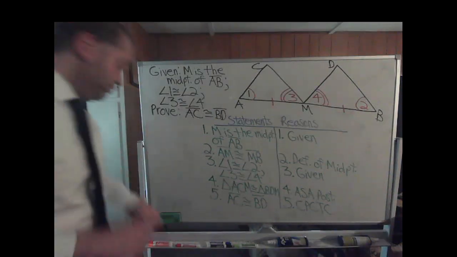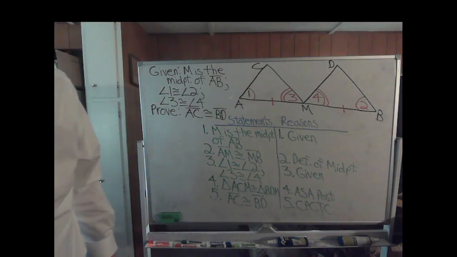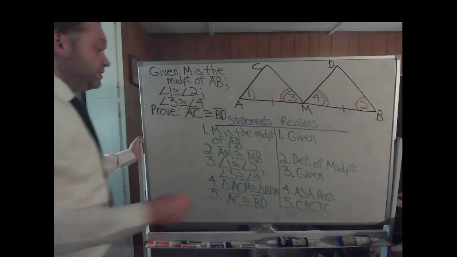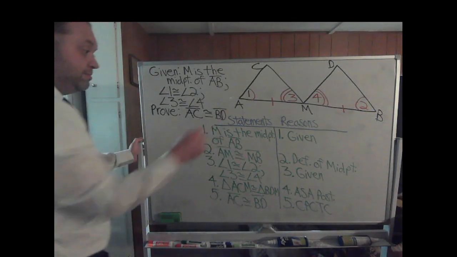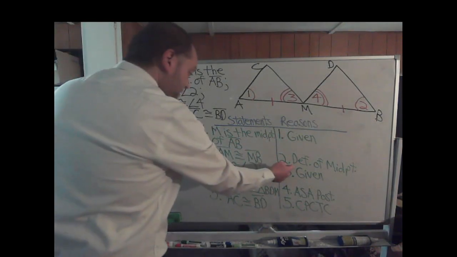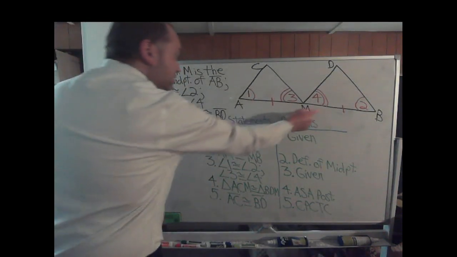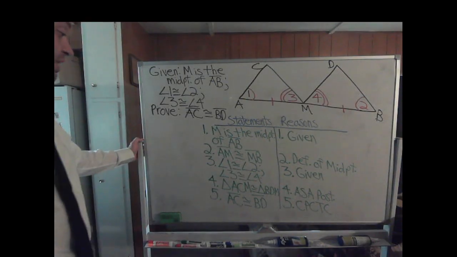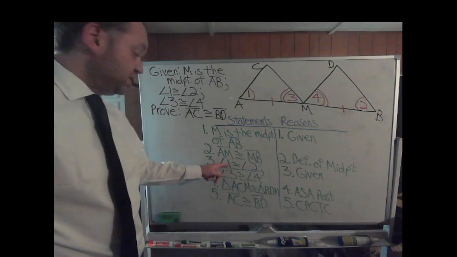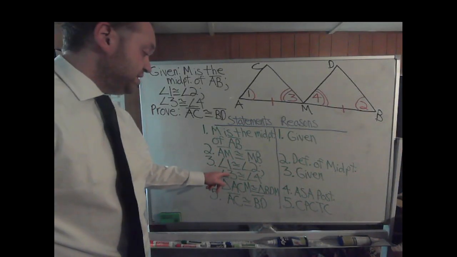So let's go through this proof again real quick. We started with our given information: M is the midpoint of AB. Which, by the definition of midpoint, means AM is congruent to MB. And then we take the other two pieces of given information, that angle 1 is congruent to angle 2 and angle 3 is congruent to angle 4.